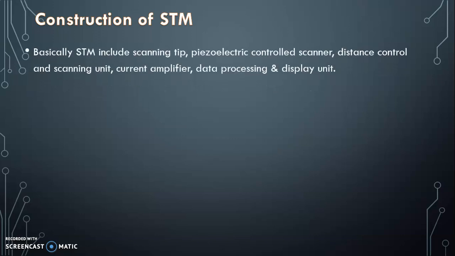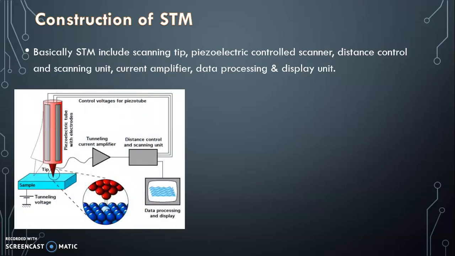In construction, basically STM includes the scanning tip that we already saw, then the piezoelectric control scanner, distance control and scanning unit, current amplifier, and data processing and display unit. In the figure we can see this.